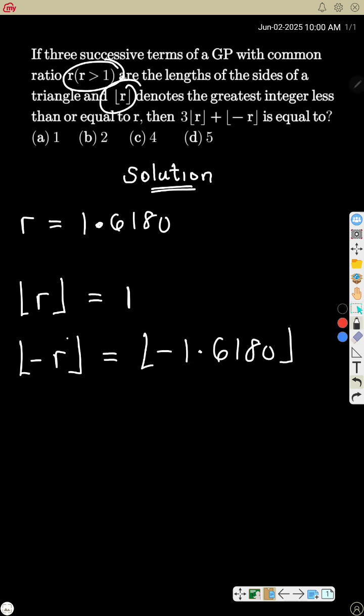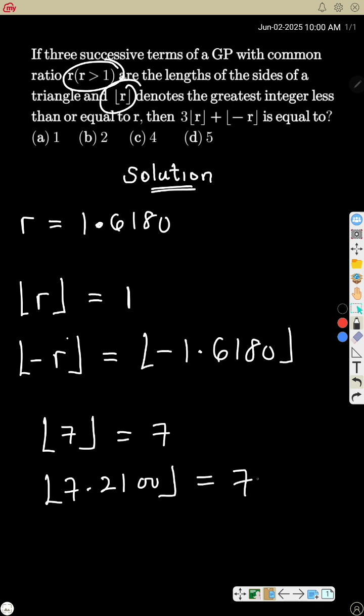So let me use another illustration. Let's say you want to find the floor function for 7. If it is an ordinary whole number like this, the floor function is still 7. But let's say it's 7.2100, because 7.2 is bigger than 7, 7 is still the immediate number that is less.